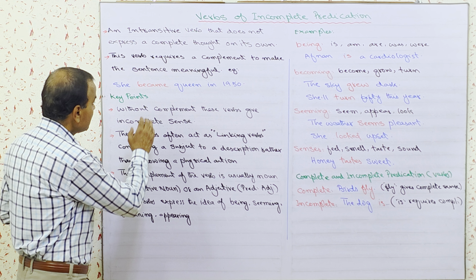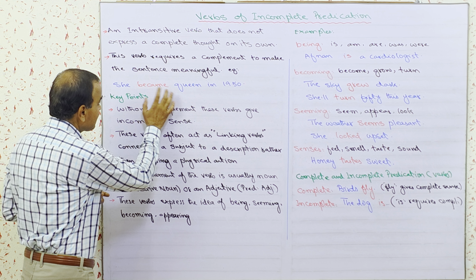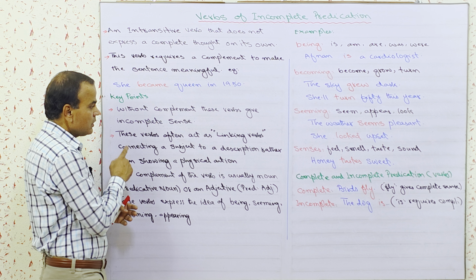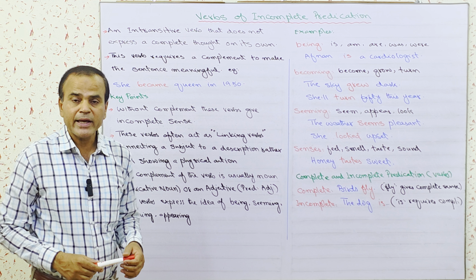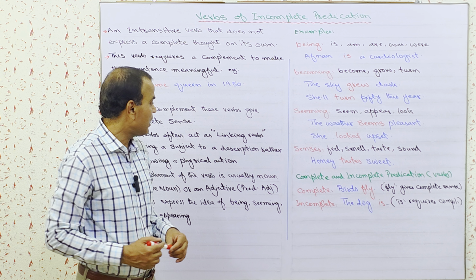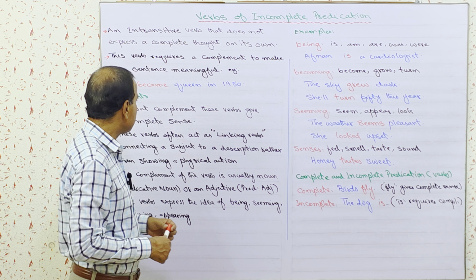She's a queen. But the link that is created between queen and she is became. So this is point number 2, that it serves as a link rather than showing a physical action. Became does not show any physical action, but it shows a link between queen and she.